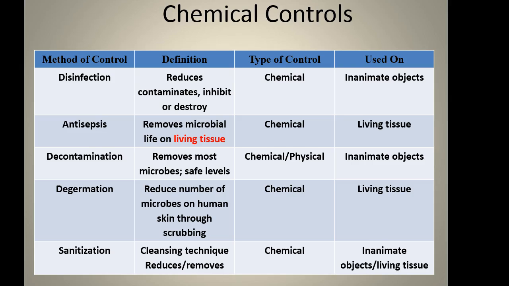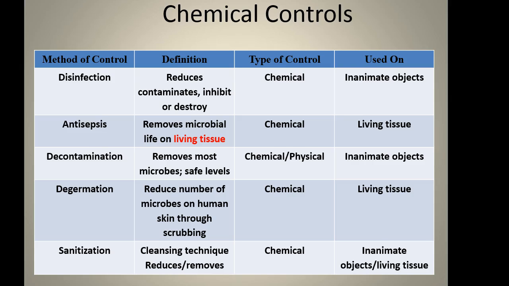All right, some chemical controls. Disinfection, we know. Antisepsis removes microbial life on living tissue. That's the big difference. You see, it's in red. I didn't do this PowerPoint, but the person who did wanted to really drive home that idea that antisepsis is on living tissue. Decontamination removes most microbes to safe levels.